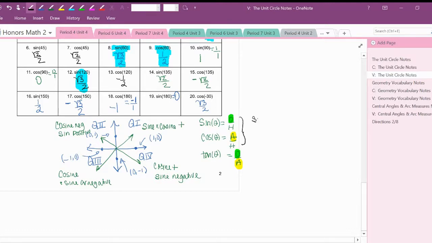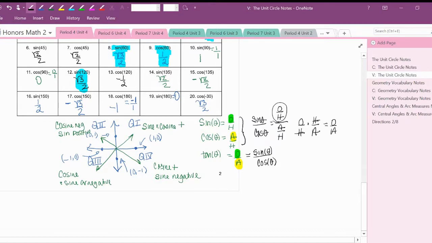If I take the sine of that angle and the cosine of that angle, so I have a fraction of a fraction, we skip, flip, and change to multiplication, and I end up with a tangent ratio. So the tangent of any angle is really the sine of that angle over the cosine of that same angle.